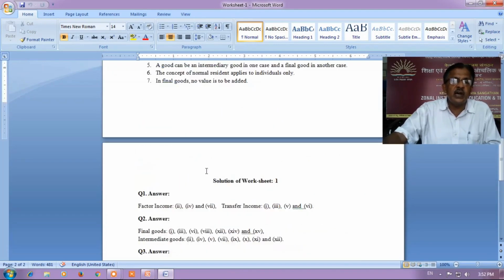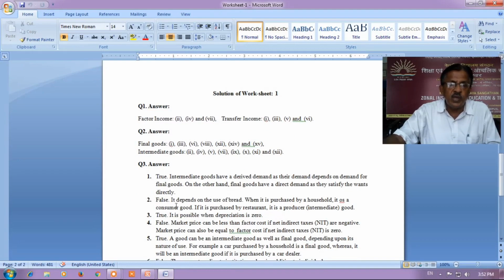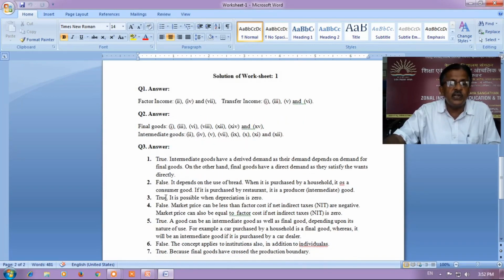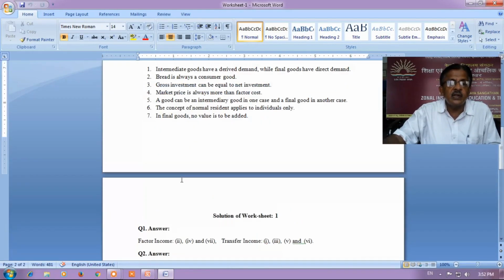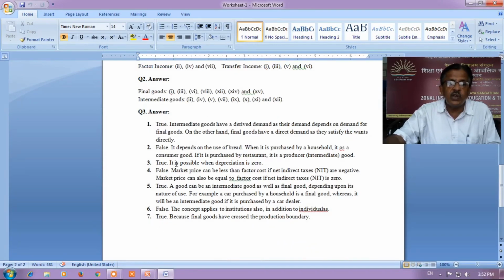So it may be a consumer good or a producer good or intermediate good depending upon its use. Then third statement, gross investment can be equal to net investment. Yes, it is possible when depreciation is 0.